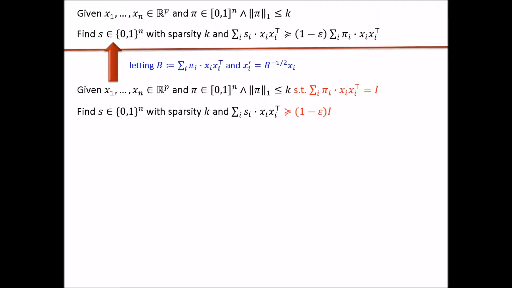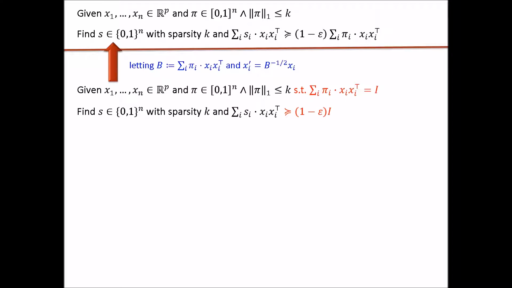I can compute the fractional covariance matrix B here. Then I replace each x_i with B to the -1/2 times x_i. If you do this change of variables, I claim that the problem below is the same as the problem above, except that now the fractional covariance matrix just becomes the identity. So that's a simple change of variables.